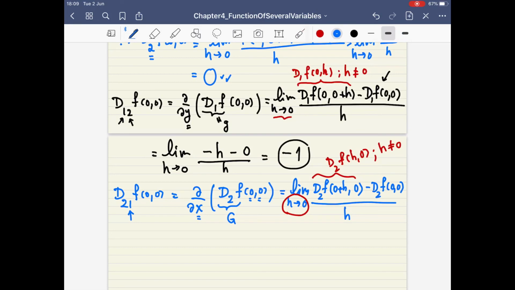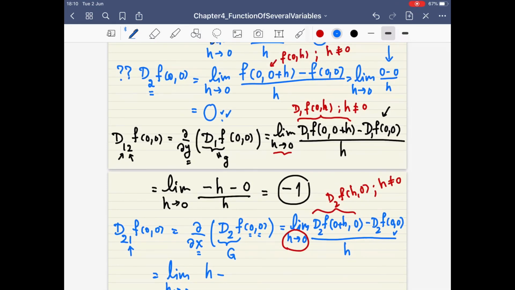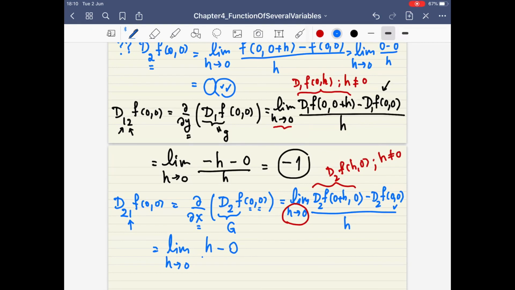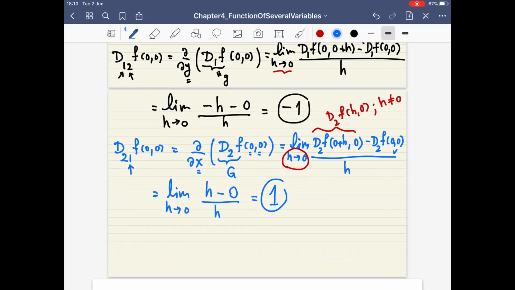So what you end up with is a limit as h goes to 0 of h minus d2f at 0 0, which is 0, over h. So the h and the h cancel, so you have a limit of 1, which is 1. So it means that now your d12 is negative 1, but your d21 is 1.